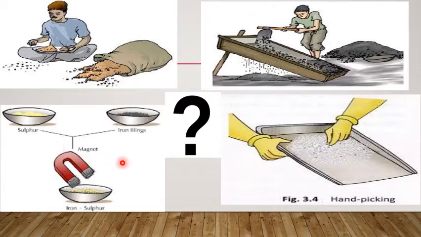What does this depict? Here is one man who separates sand and stones. Here is a method which is hand picking. So what do you observe, what do you get from this? Any idea what we are going to start today?